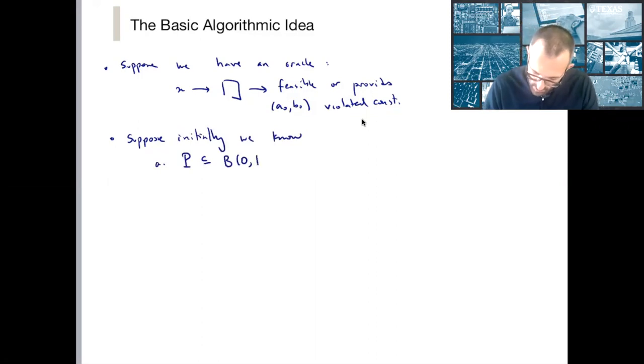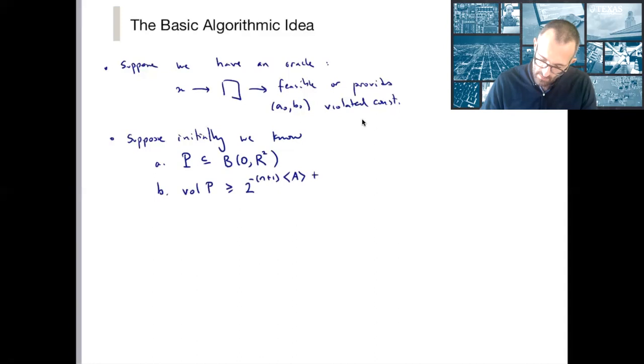This is not that important, of some radius R squared. And let's also suppose we know that if P is non-empty, then its volume is lower bounded by some number. And this number is going to be 2 to the minus (n+1) times the description length of A plus n cubed. You'll see where these numbers come from.